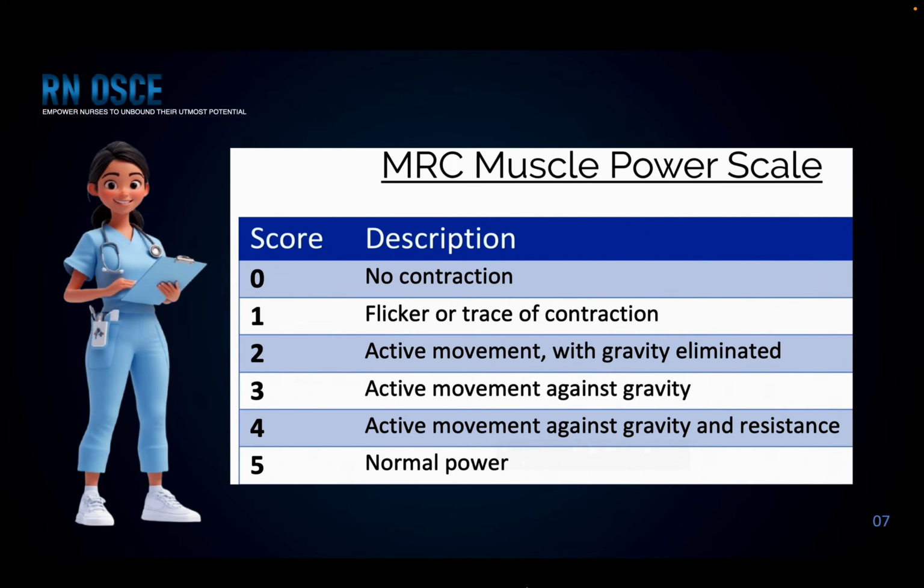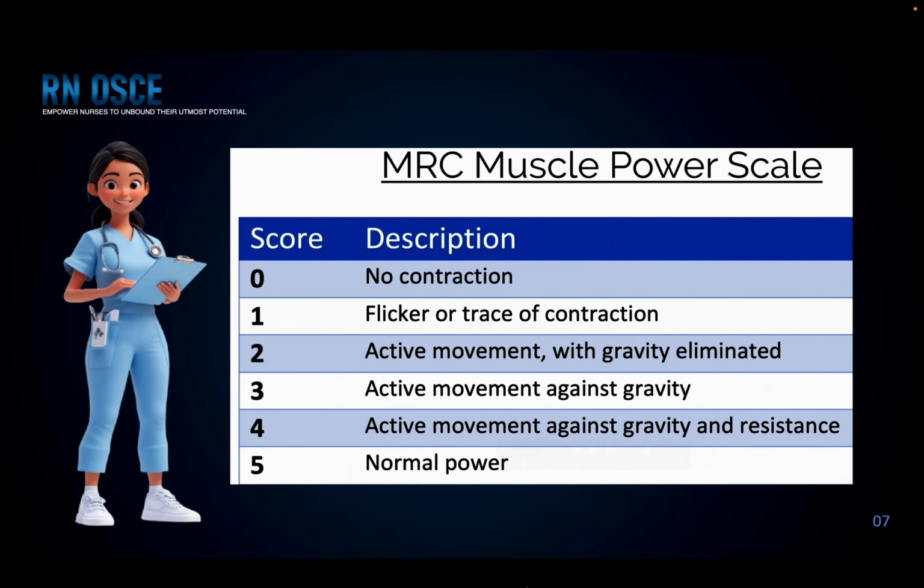Let's see how to perform muscle power grading. Here, a scale from 0 to 5 is used to check how strong your muscles are. This is done for both arms and legs. Muscle power grading is a method used by healthcare professionals to measure how strong your muscles are.